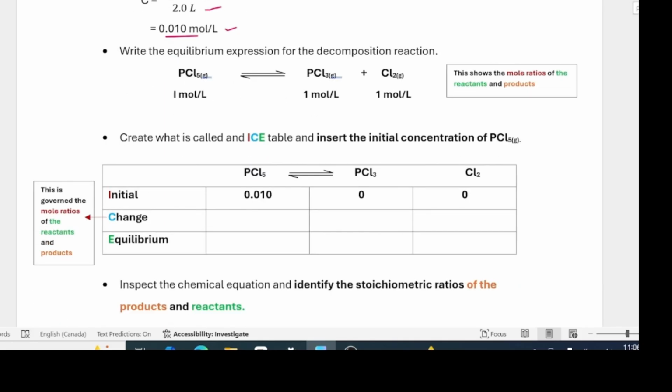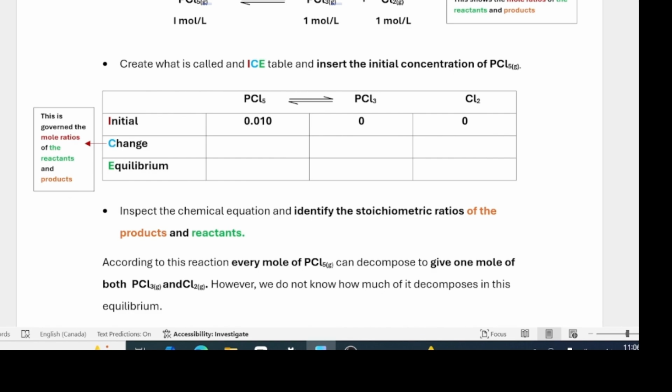What we do now is establish what is called an ICE table. ICE is an abbreviation for the following words: initial concentration, the change in concentration, and the equilibrium concentration. So we shall now go back to the problem and see what other information is provided.